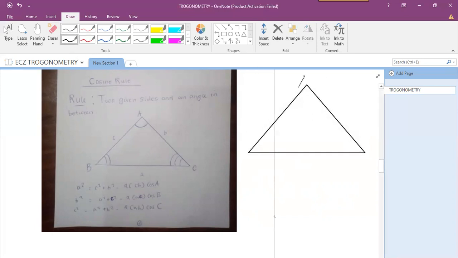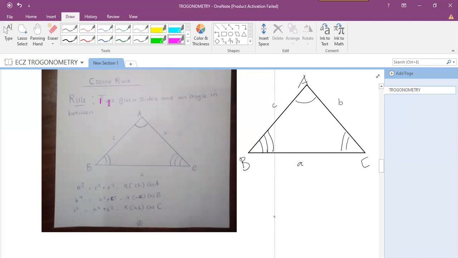So that's A, B, C. Remember, it won't always be A, B, C. Sometimes it can be X, Y, Z, etc. That angle there, that angle there, and that angle there. If we follow this side, this would be small letter a. If we follow this side, this would be small letter b. If we follow this side, this would be small letter c. So please, let me highlight this in purple.